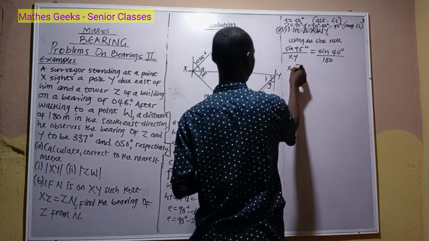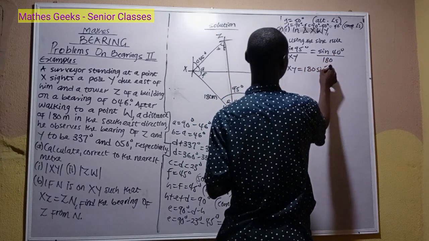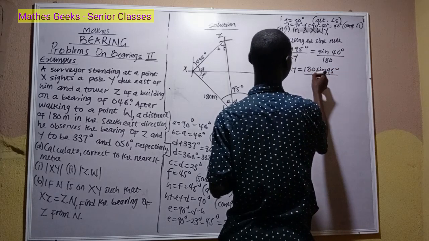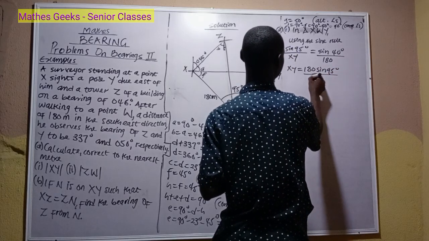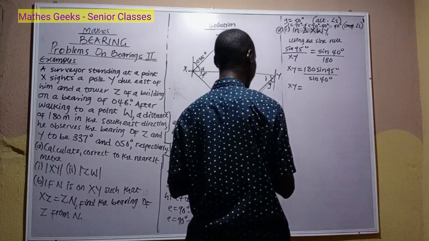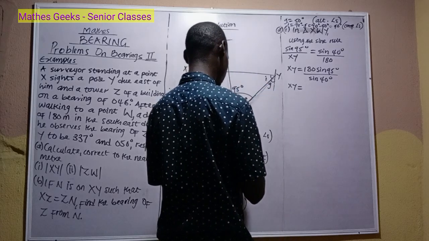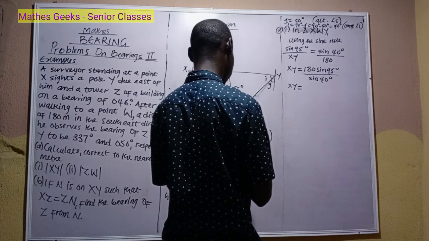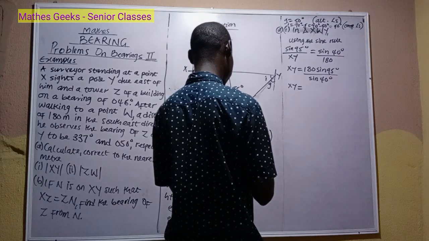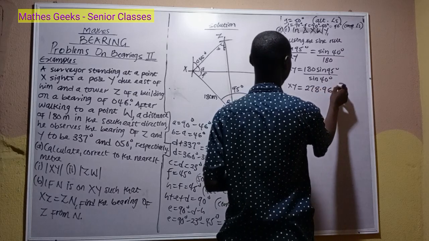So XY is equal to 180 sine 95 degrees over sine 40 degrees, which is 278.96.